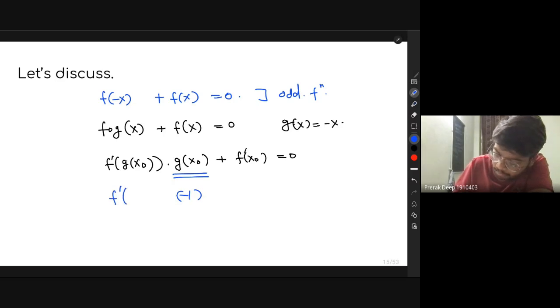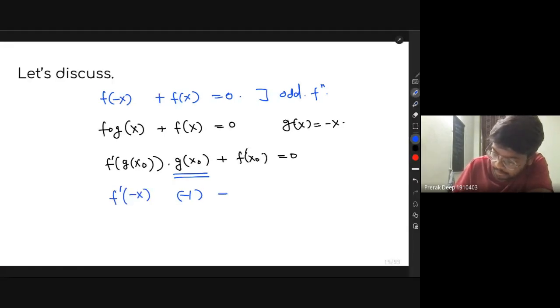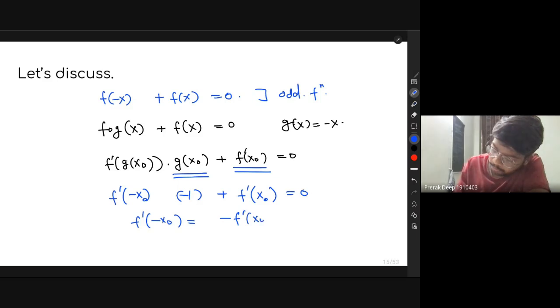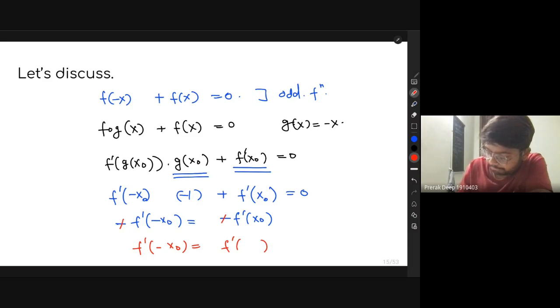This is f prime of minus x naught, and this is f prime at x naught. So minus f prime of minus x naught plus f prime of x naught equals 0, and now you can cancel out the minus signs, so you will get f prime of minus x naught is equal to f prime of x naught.